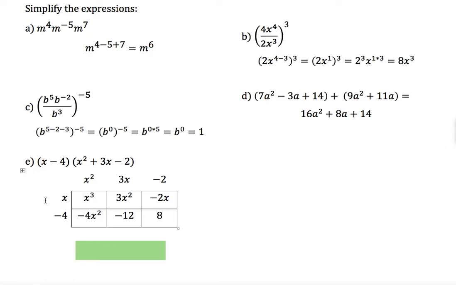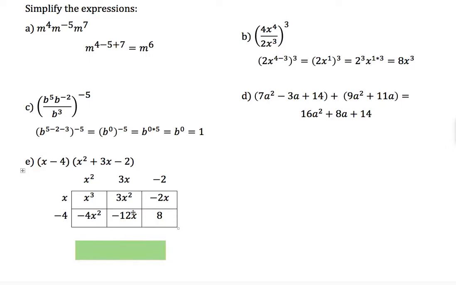And then x times 3x gives you 3x squared. Negative 4 times x squared gives you negative 4x squared. And then 3x times negative 4 gives you negative 12. You know what? I forgot the x there. Sorry. Negative 12x. And then negative 4 times negative 2 gives you positive 8, because a negative times a negative equals a positive.